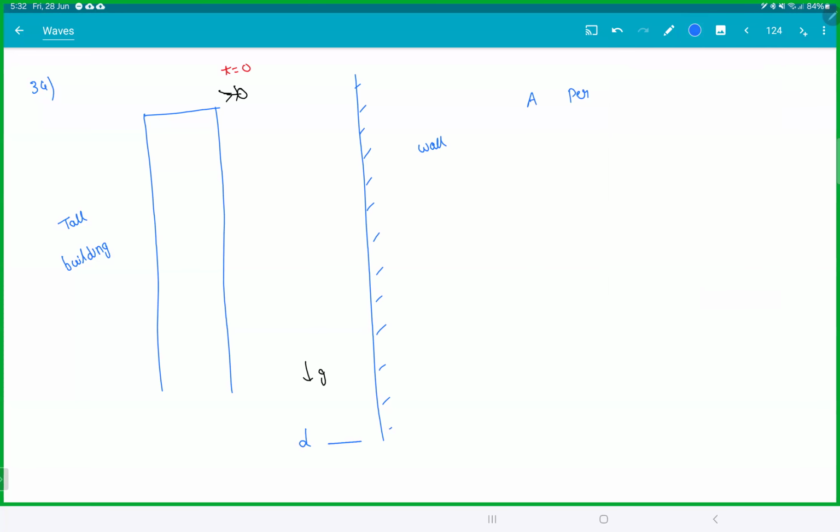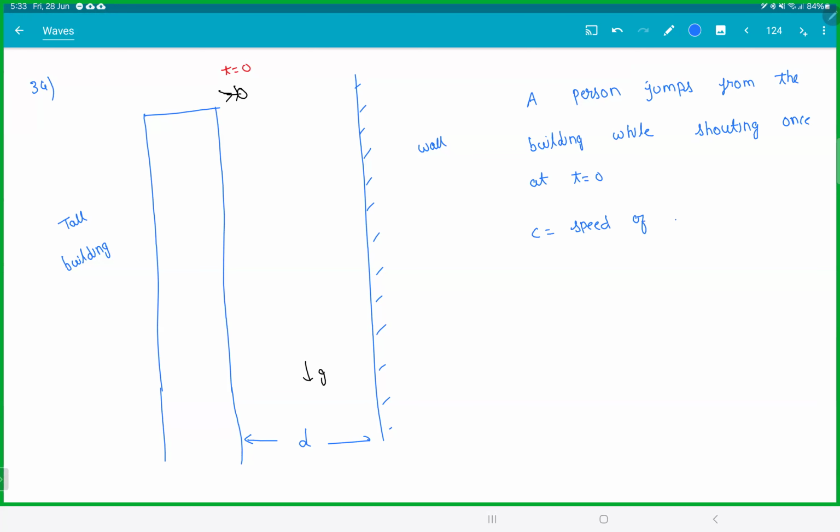Distance between the wall and the building is d. While making a noise at t equals 0, means he just shouts once. c is the speed of sound. Find the time when he hears an echo.